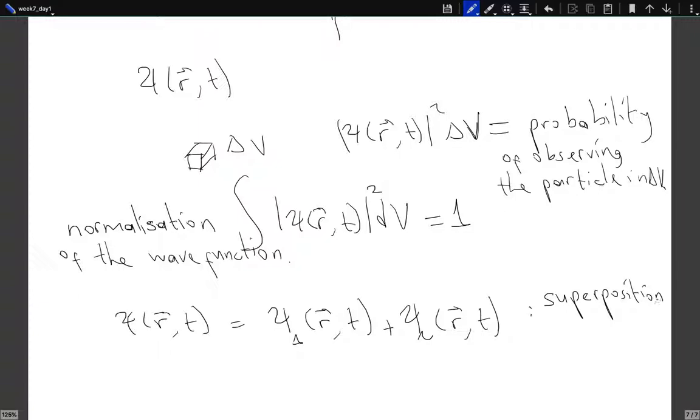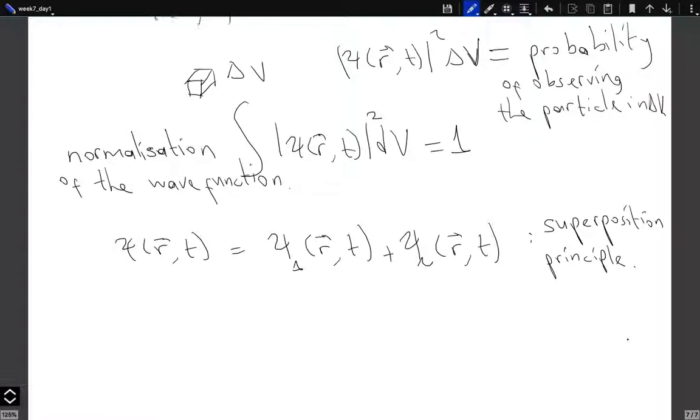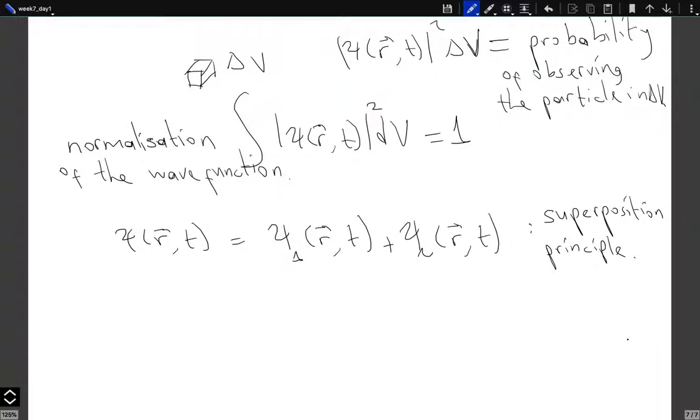This is necessary to explain the interference phenomena. Well, we know that any kind of wave can be written in terms of harmonic waves, because we observe interference. Otherwise, we wouldn't observe interference.